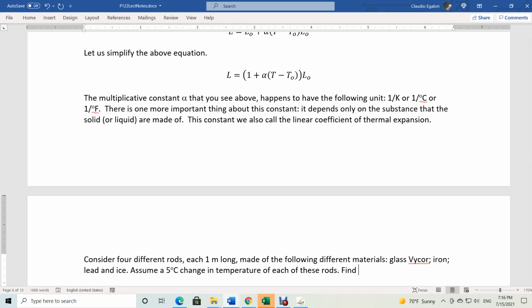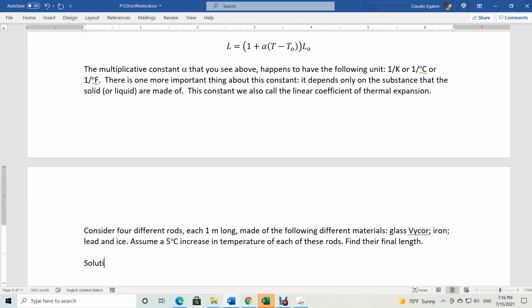Find their final lengths. Assume a 5-degree increase in temperature of each of these rods. Find their final lengths.